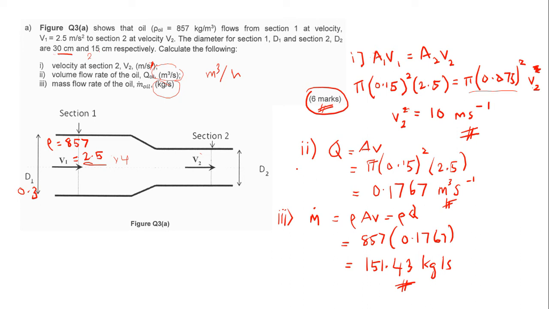If they didn't ask for any unit, just take the default, standard unit. Alright, so it's very easy. So 6 per 6, you have already obtained through this question.